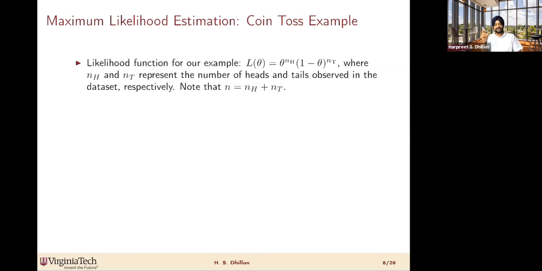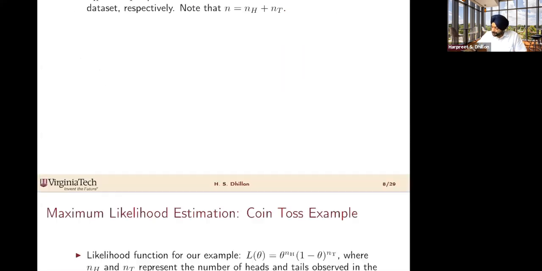So you have NH theta terms and NT 1 minus theta terms. When you combine, this is the expression that you get, where NH is the number of heads and NT is the number of tails, with N being the total number of samples you have in the data set.